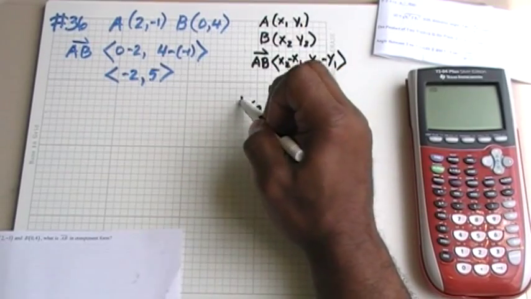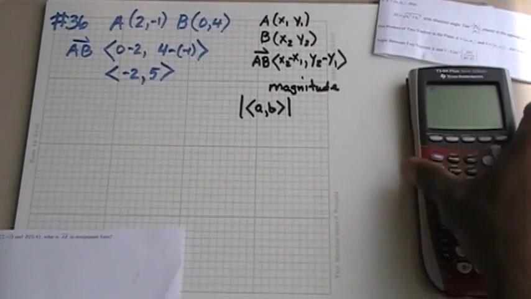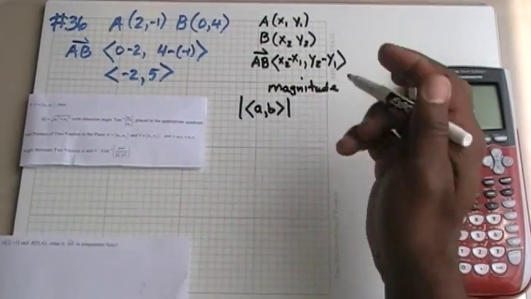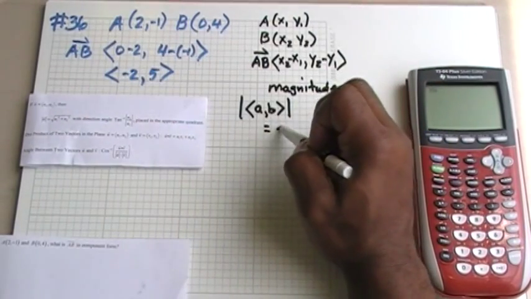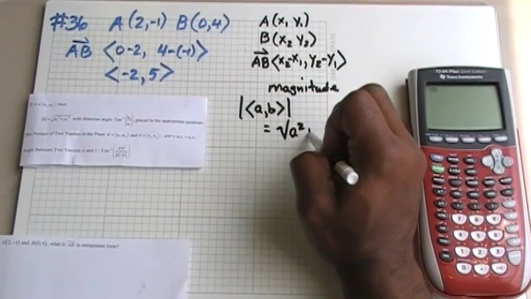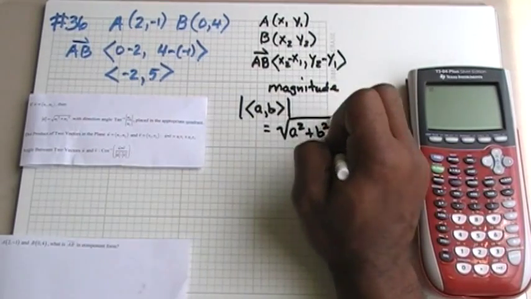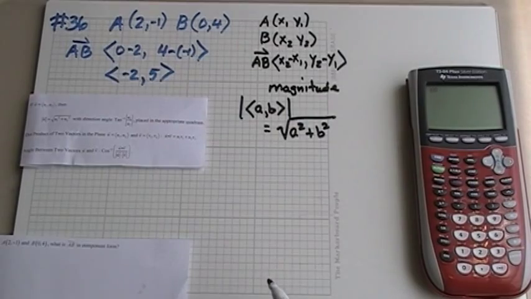The magnitude, we denote it by absolute value. These are the formulas that are given. We changed them around a little bit during class, and we said that this is the square root of a squared plus b squared. That's what we used for magnitude.